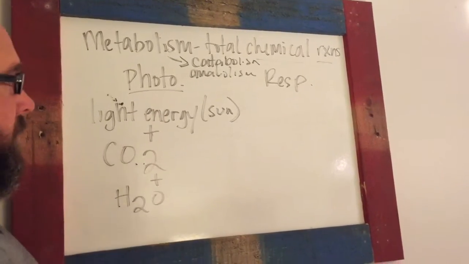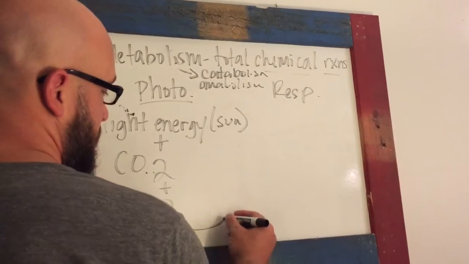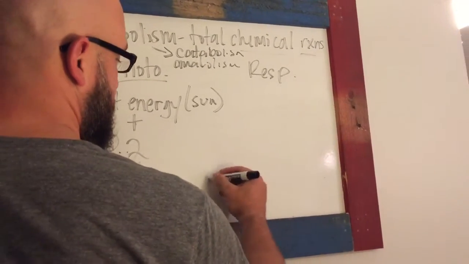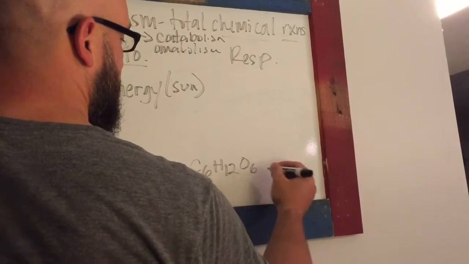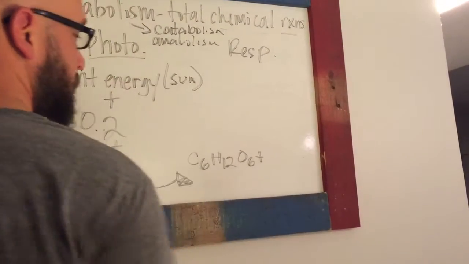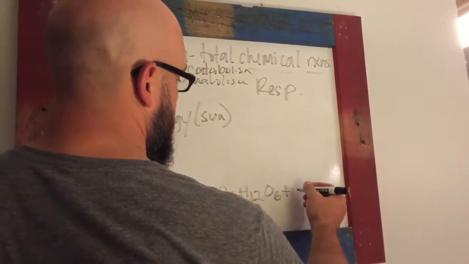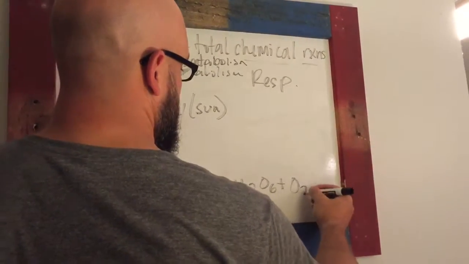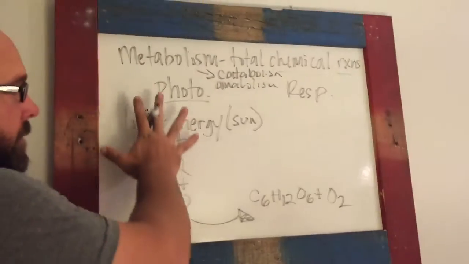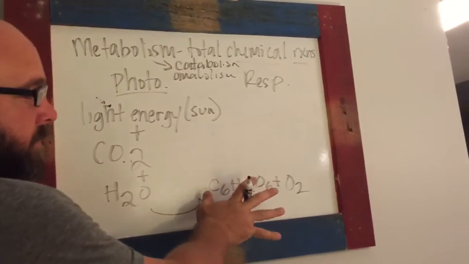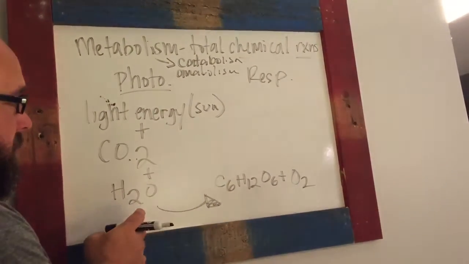Then these three things are combined, and in photosynthesis, what is produced is the carbohydrates, plus oxygen. So everything that we have over here is then produced over here. Is equal, the amounts, right?